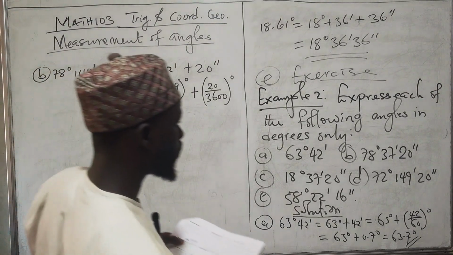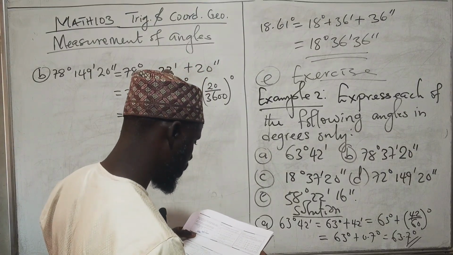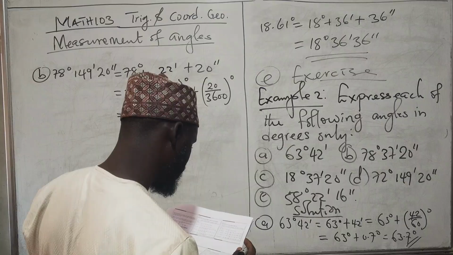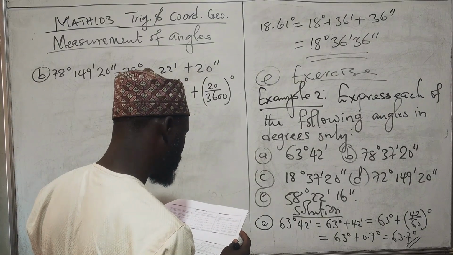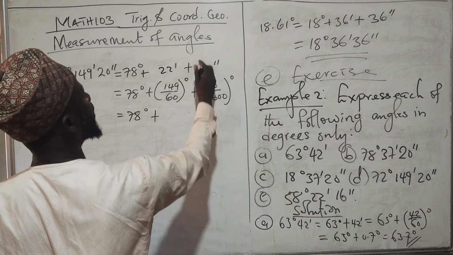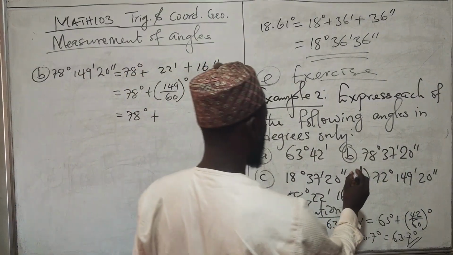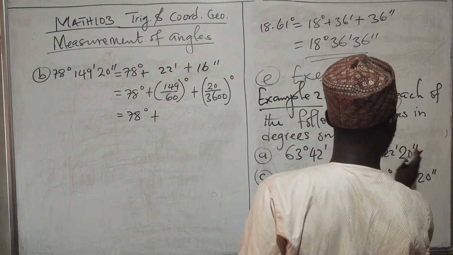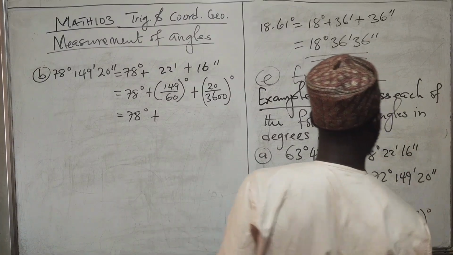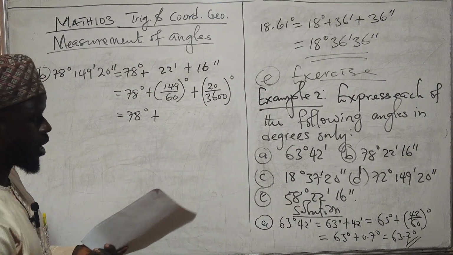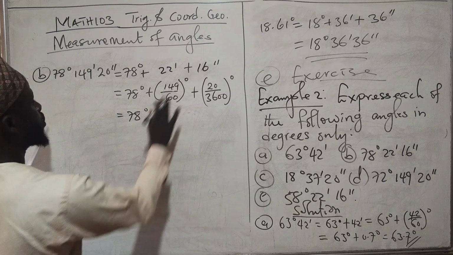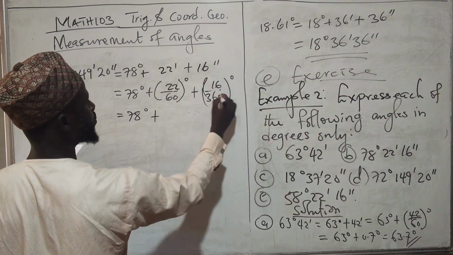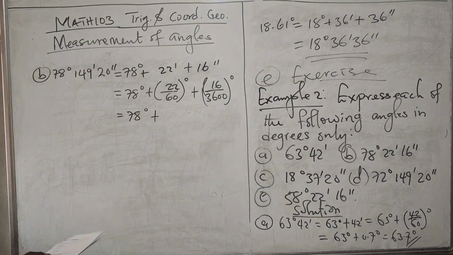Is it? Okay. So it's 37. And then 16 here. So let's correct 22 and then 16 here. So we just write 22 and then 16, and all other things are like that.